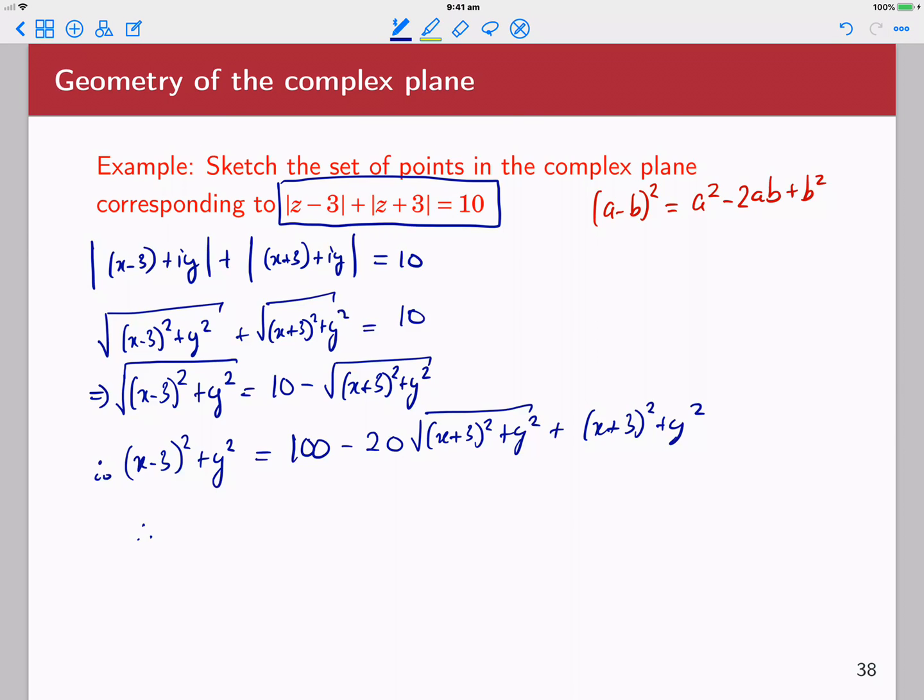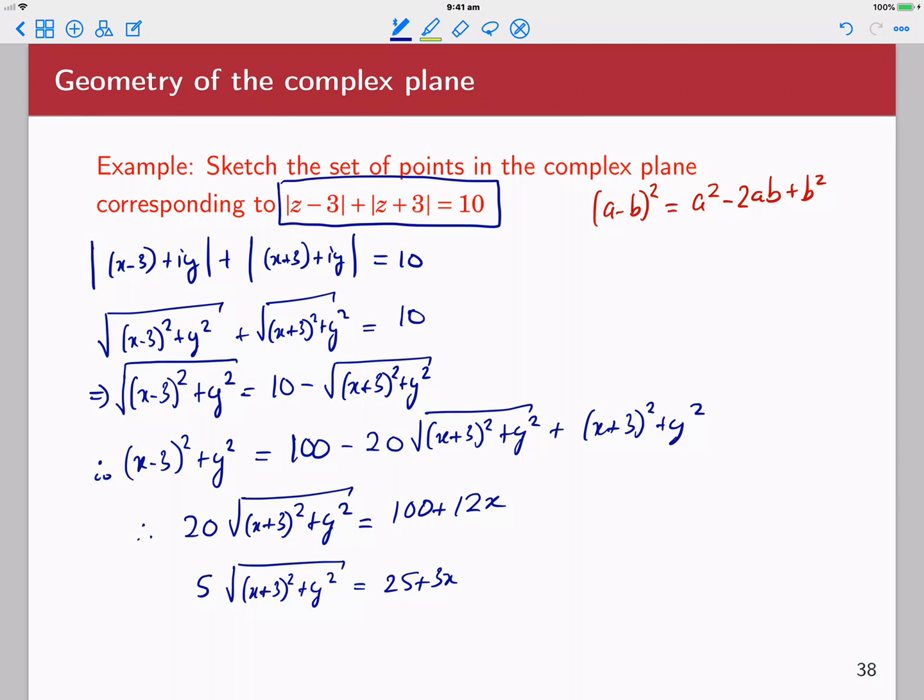The x squareds are going to cancel, the y squareds, the 9, so all that's going to be left is just this. I think we're just going to get 100 plus 12x. Yeah. And now I divide by 4 to make this a bit simpler. So I get 25 plus 3x.